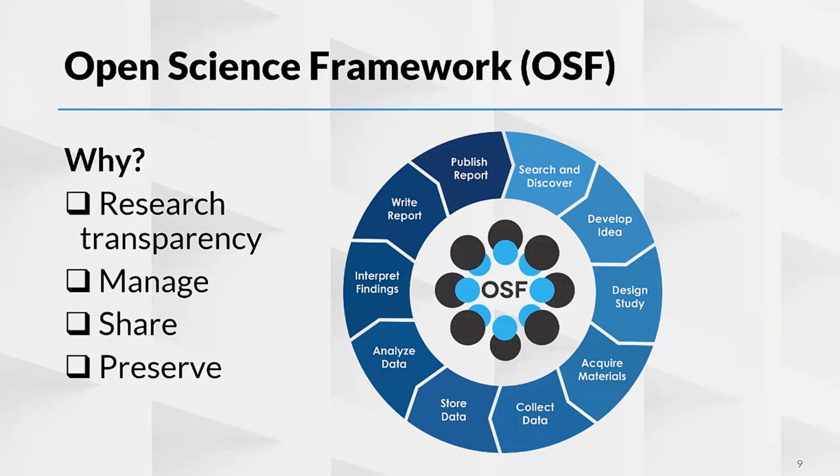Tons of different parts of your research projects can be put onto the Open Science Framework for not only you to use, but you can add your team members so you can all access your material together, keep it all organized in one place. Also makes it very easy to share as well.